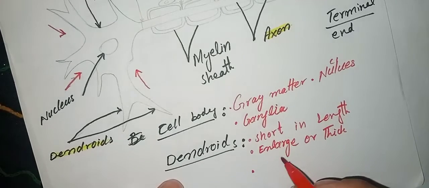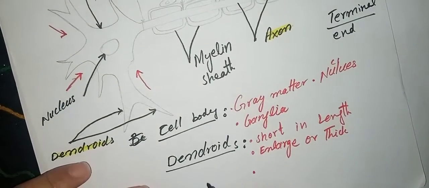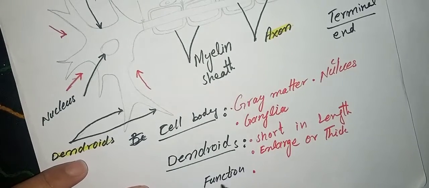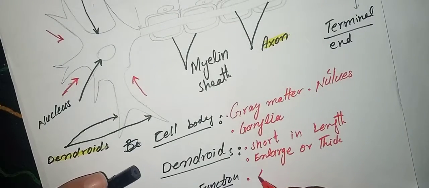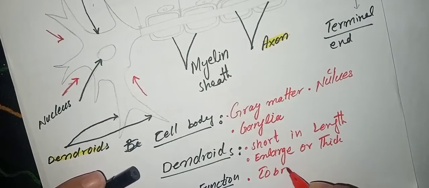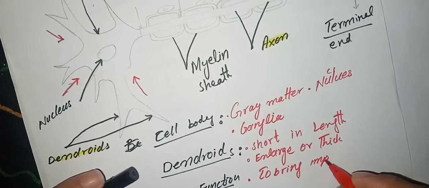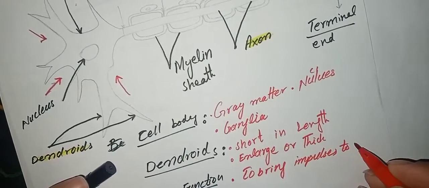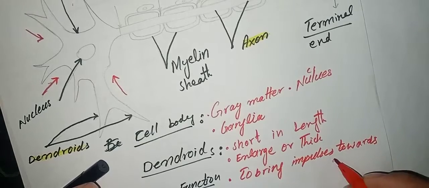So the function of dendrites is to bring impulses or messages towards the cell body.